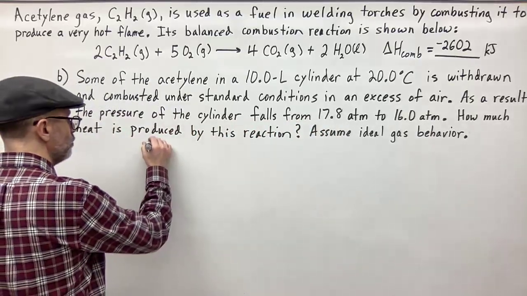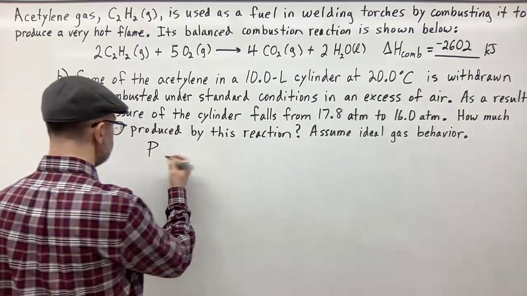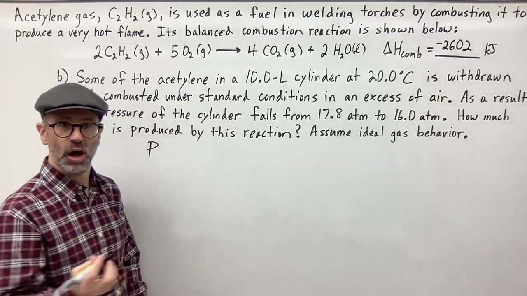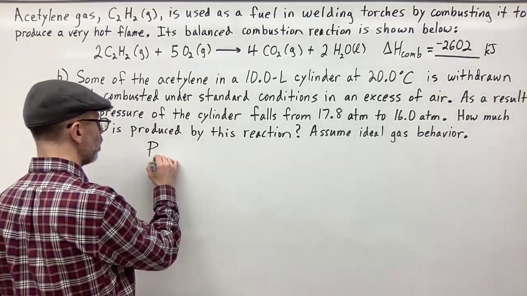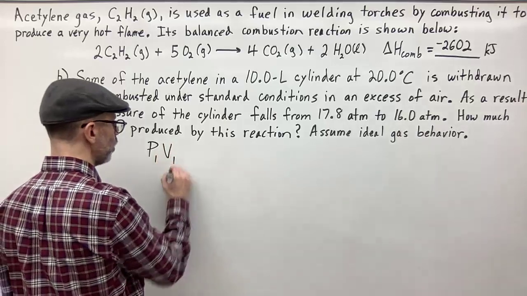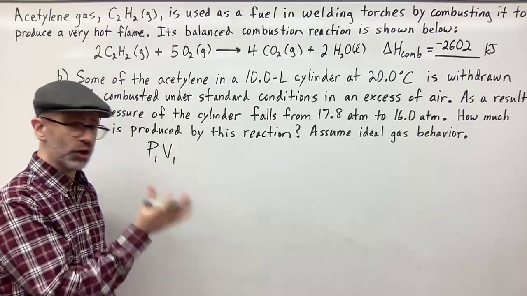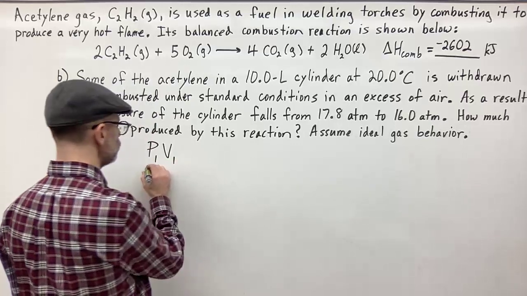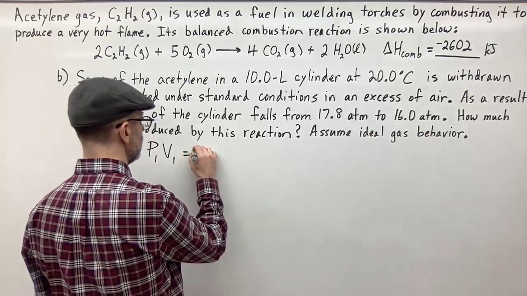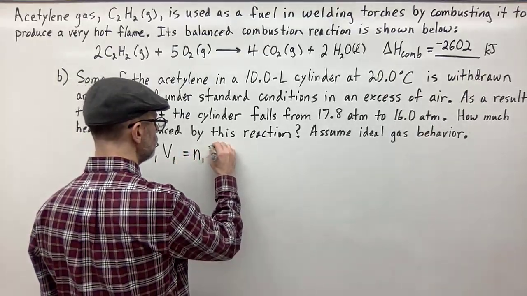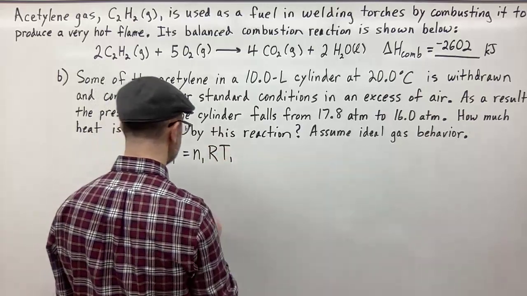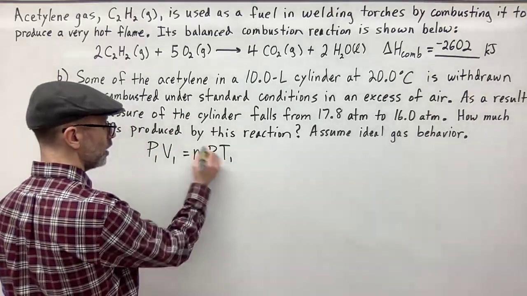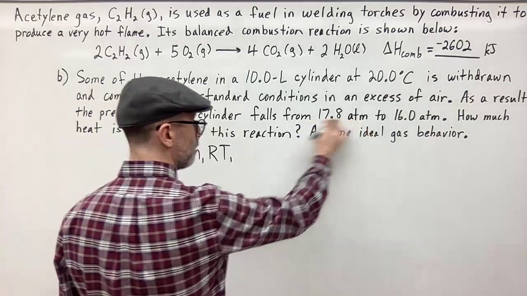So we could call it P1. So you could do P1 V1, this is before you make any change. So P1 V1 equals N1 R T1. Solve for the number of moles that you have with this amount of gas.